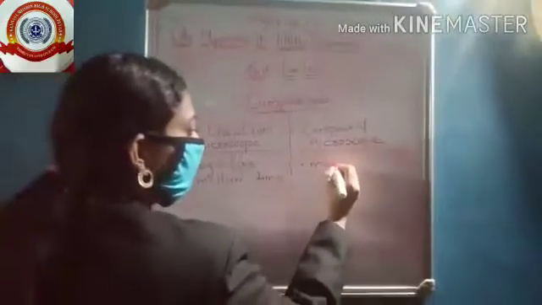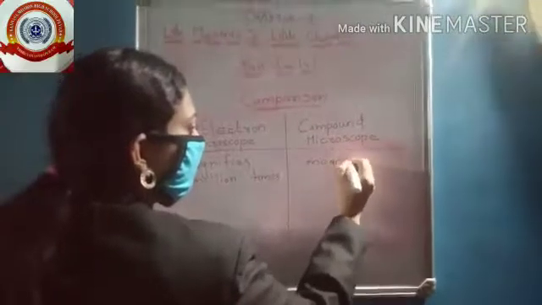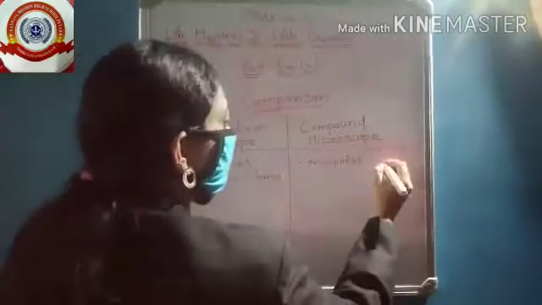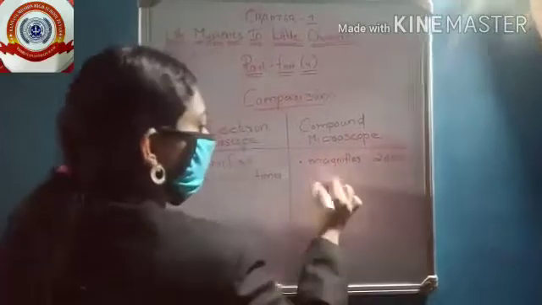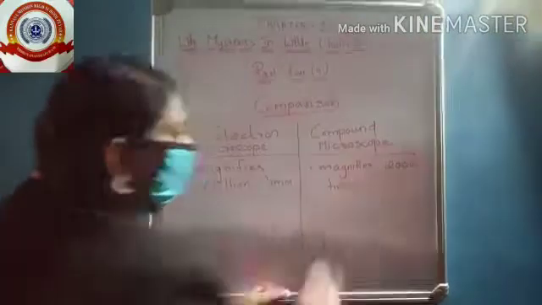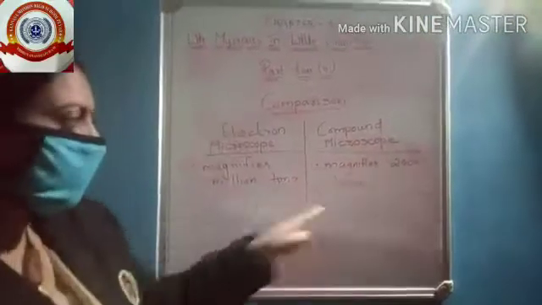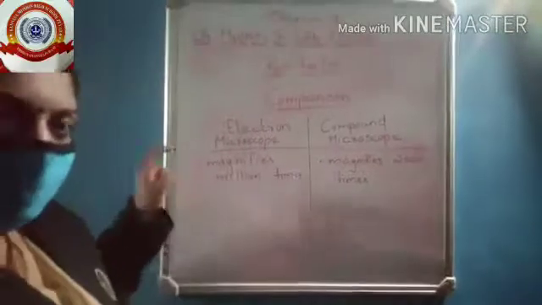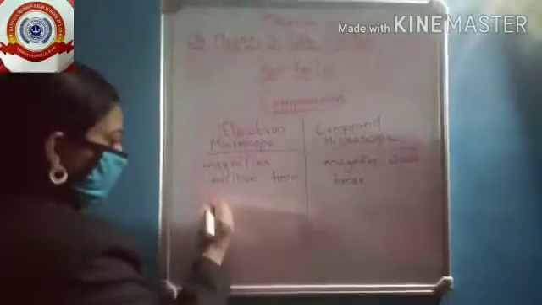Electron microscope magnifies a million times. Next, compound microscope. The compound microscope magnifies 2000 times. Electron microscope magnifies a million times.